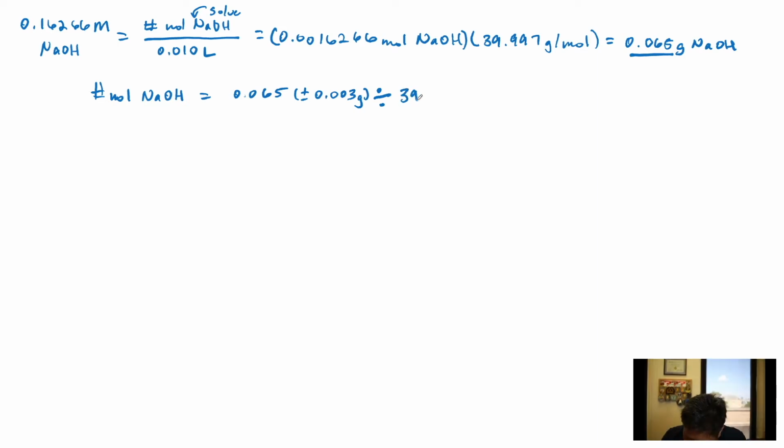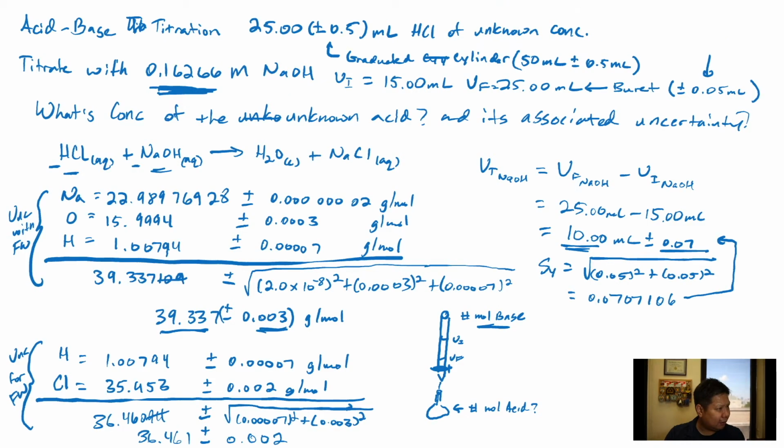Where am I getting that from? Am I reading that right? Where did I get 39.33 from, guys?